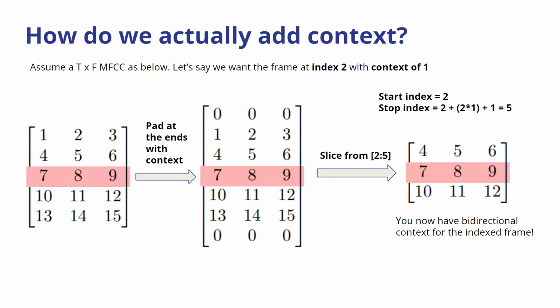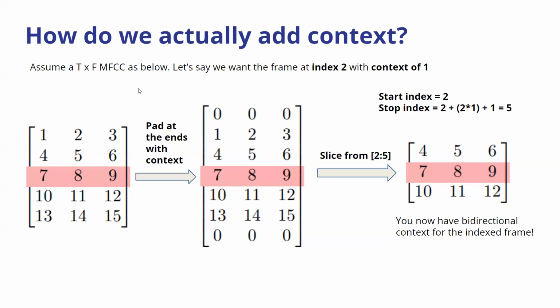You can think of it as left and right context, which is the frames before and after the frame of interest, or the indexed frame. So let's assume an MFCC of shape time by frequency components, T by F. You have T rows, in this case 5 rows and 3 columns, or 3 features.